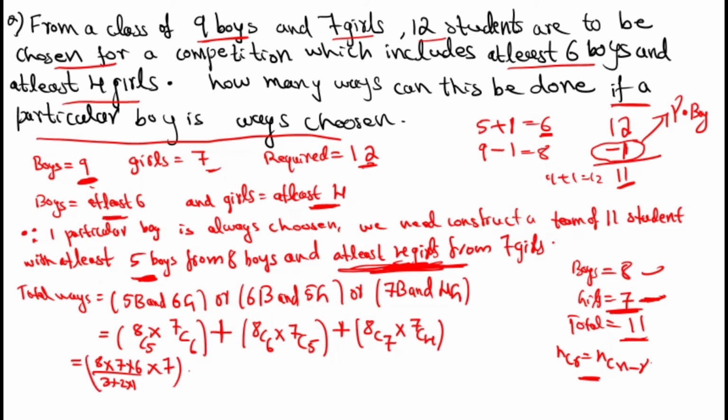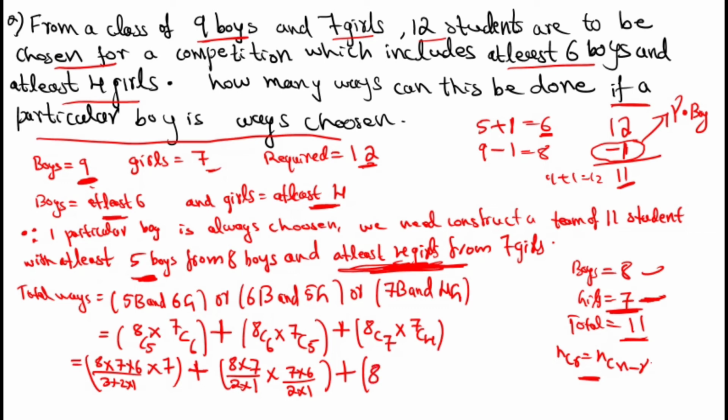Plus next, 8C6 is equal to 8C2. So you'll get 8 into 7 by 2 into 1, into 7C5. Its value is equal to 7C2 by the formula nCr equals nC(n minus r). So we can write it as 7 into 6 by 2 into 1. Next plus 8C7. Its value is equal to 8C1.